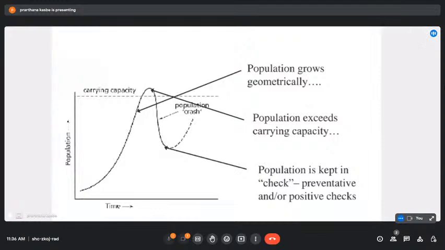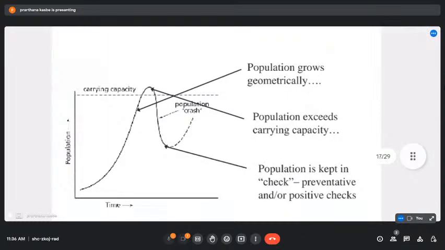So the parallel line to the x-axis shows the carrying capacity of human beings, and another upward curve shows the population exceeding carrying capacity, and this last curve shows that the population is kept in check.